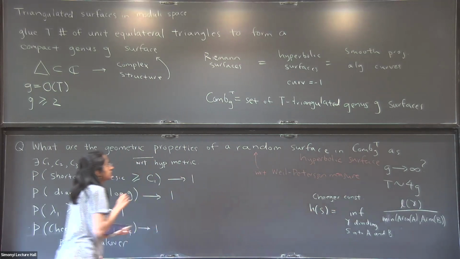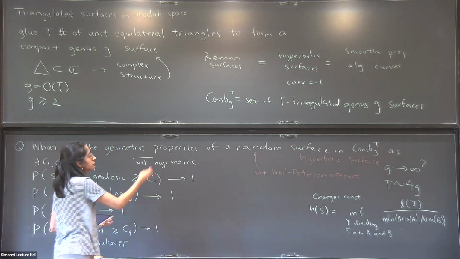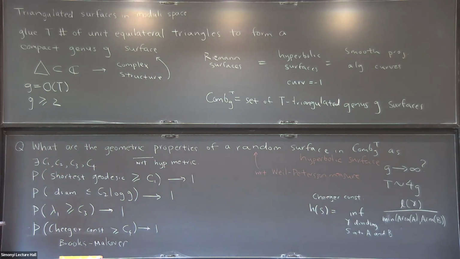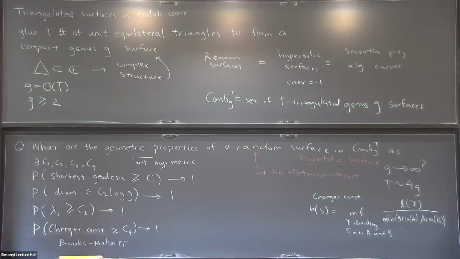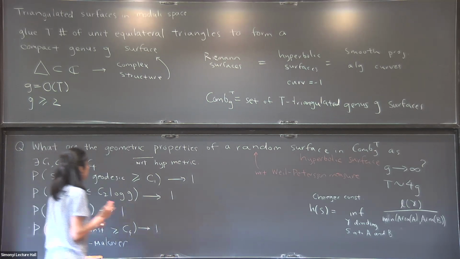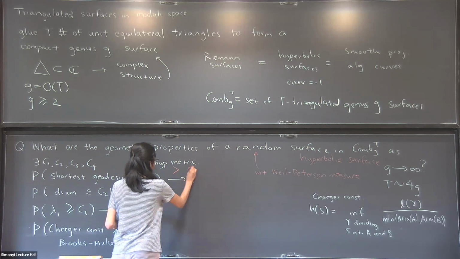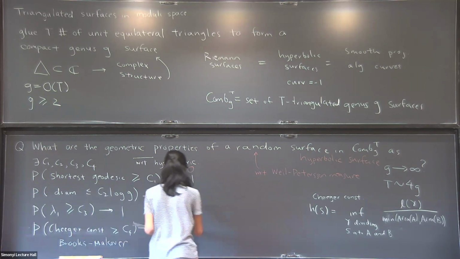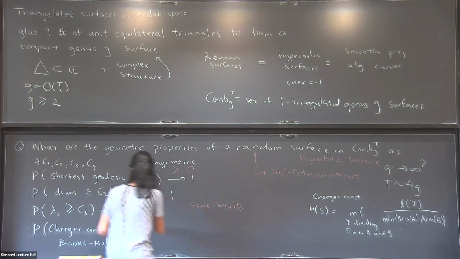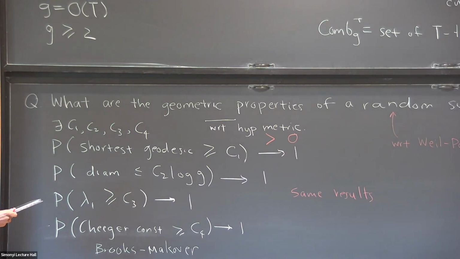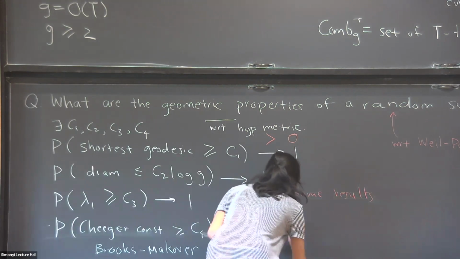It's okay if you don't know what the Weil-Petersson measure is, but basically there's a reasonable way of picking a random hyperbolic surface of genus G. And then you can ask the same question: what is the probability the shortest geodesic will be greater than a particular constant, and so on. And basically, you get the same results, except this one is going to be greater than 0, but the others you get the same results. Of course, your constants might be different. And this was proved by Mirzakhani.